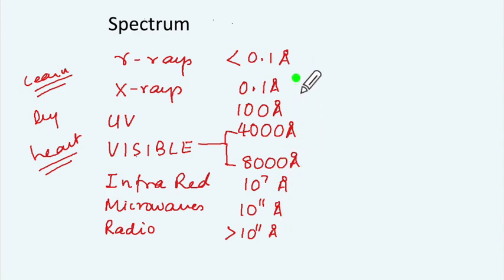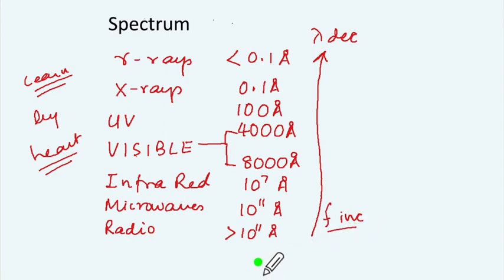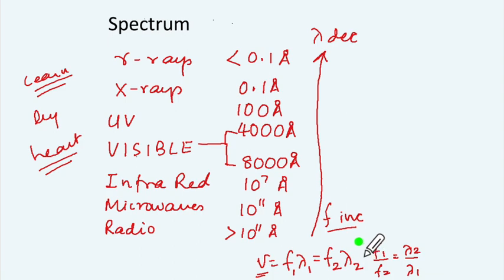Look at the pattern, understand how to remember them, and if you go from radio waves upwards, then you will see that the wavelength is decreasing and frequency is going to be increasing, because remember v is equal to f lambda, and v is going to be 3 into 10 to the power 8 meter per second, and so if it is v is equal to f1 lambda 1, it will be also equal to f2 lambda 2, and therefore you will have f1 upon f2 is going to be lambda 2 upon lambda 1. Okay, so if you know this, you will understand that the frequency and the wavelength, they are inversely proportional.